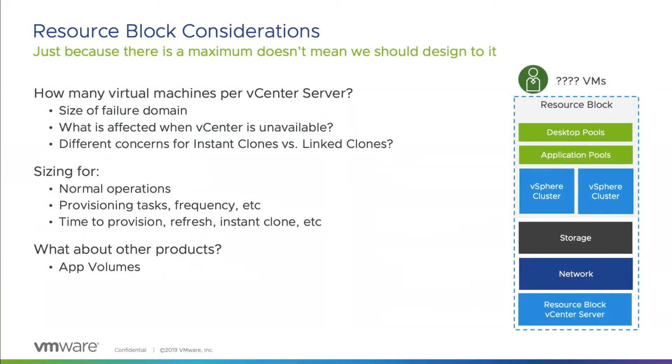The most important thing when you consider a resource block is that a resource block is demarcated by a vCenter server. So why a vCenter server, right? The reason why you need a vCenter server for every resource block is because vCenter does a lot of work in Horizon architecture, especially when you're doing instant clone.